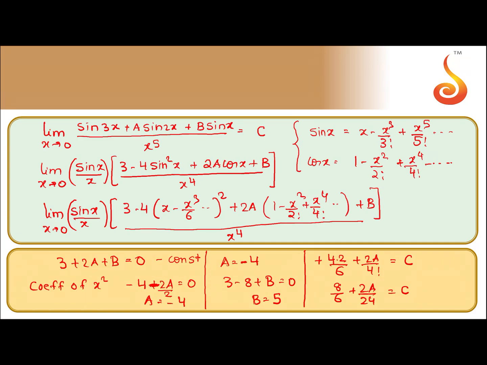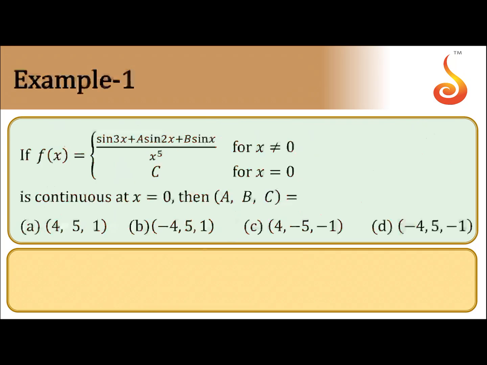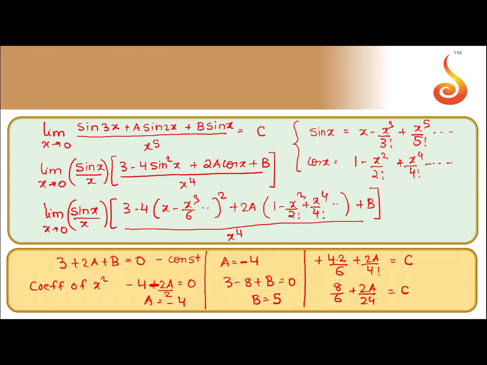Once you got a equal to minus 4, we put it in the equation 3 plus 2a plus b, we get b equal to 5, and the limit value is equal to c. Option B is correct. So the most important point to note down is whenever sin 3x, sin 2x, sin x is given, we always use the formula of sin 3x and sin 2x, then we put in the expansion rather than putting directly.